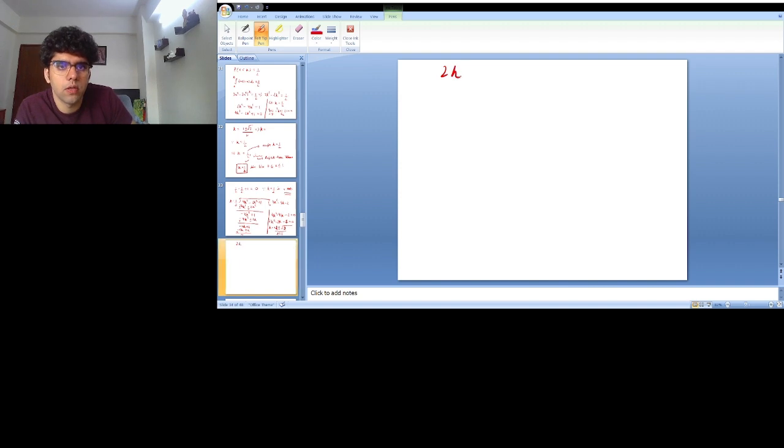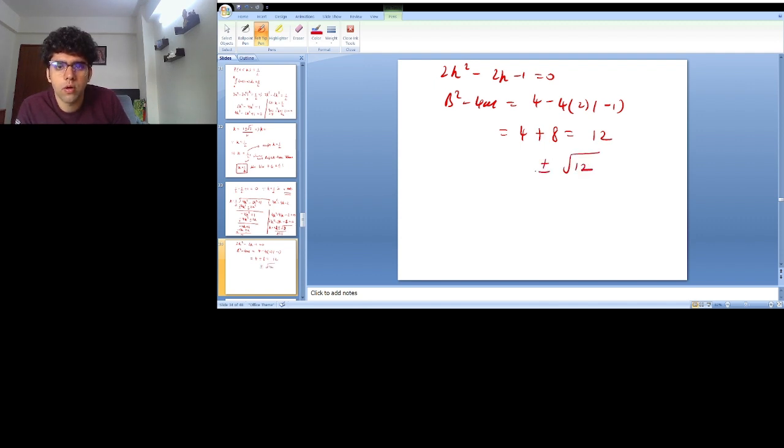Let me just find the other roots. So my b square minus 4ac for this will become 4 minus 4 into 2 into c is minus 1. 4 minus 4 into 2, 8, and plus 1, so this becomes 8. 4 plus 8 is 12. So this gives me root 12.